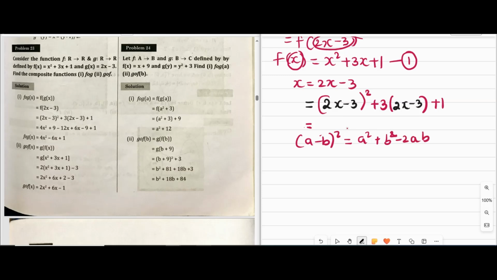So here a is 2x, so it will become (2x) square plus 3 square minus 2 into 2x into b, which is 3.